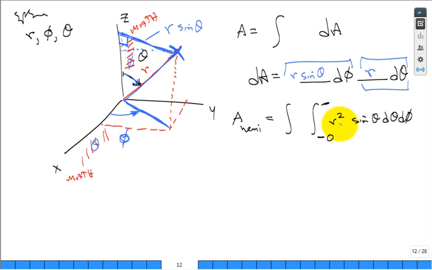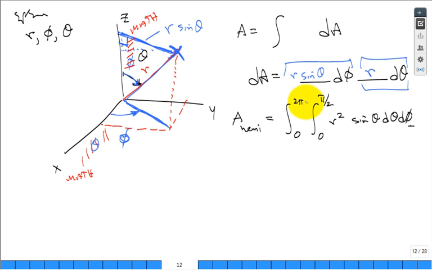What's the largest theta? Pi or pi over 2? Why is it pi over 2? I'm only doing the hemisphere, not just the top half. And for the outer integral, phi goes between 0 and pi or 0 and 2 pi? 2 pi.